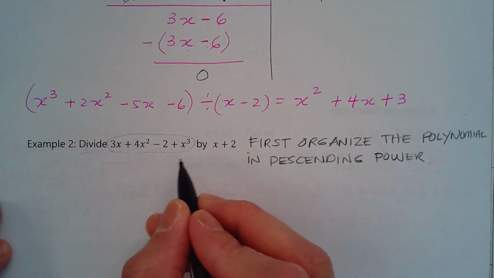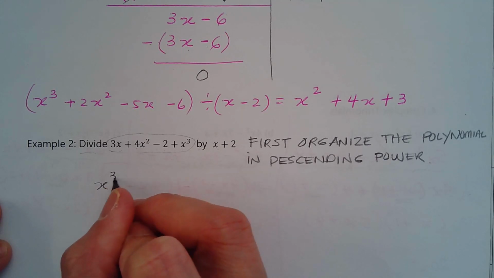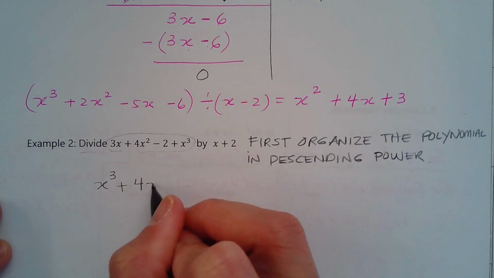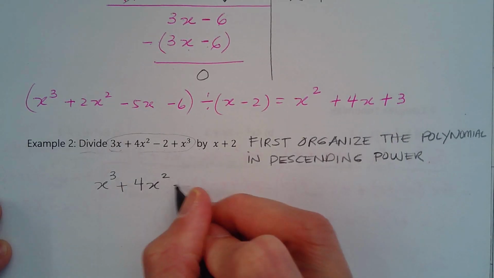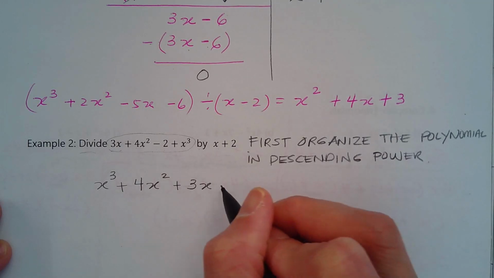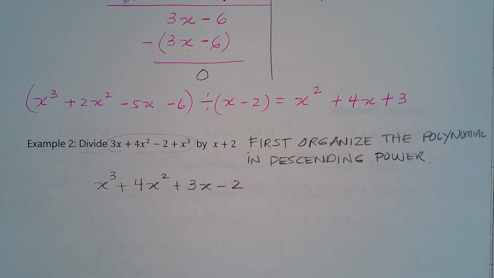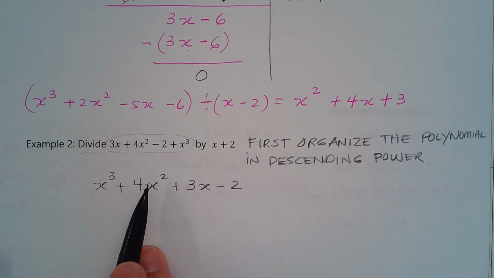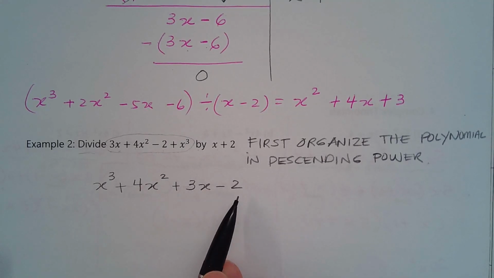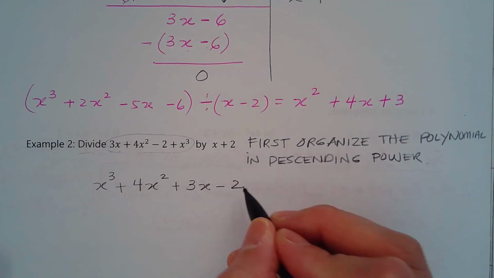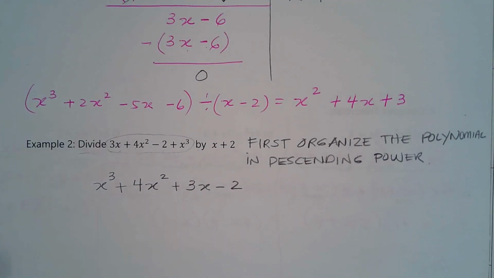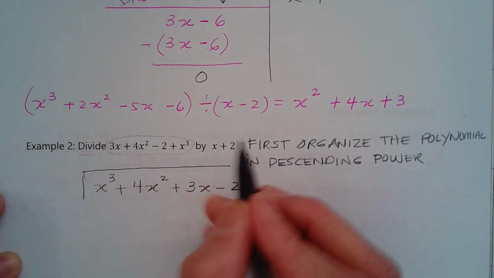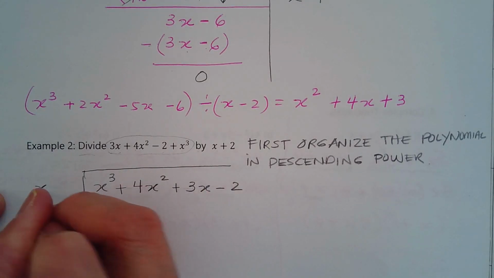We're going to start with x cubed, and then the other one with the x squared, so plus 4x squared plus 3x minus 2. So that's descending exponent. So it's exponent 3, exponent 2, exponent 1, and then this is exponent 0, but it's just a negative 2. Right? So divided by our divisor of a binomial x plus 2.